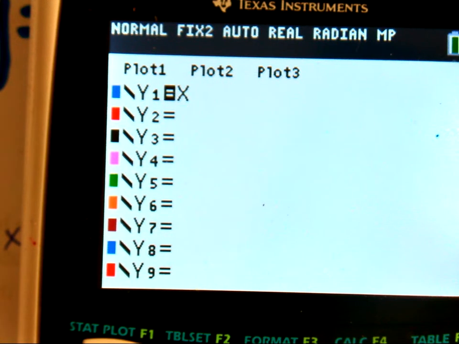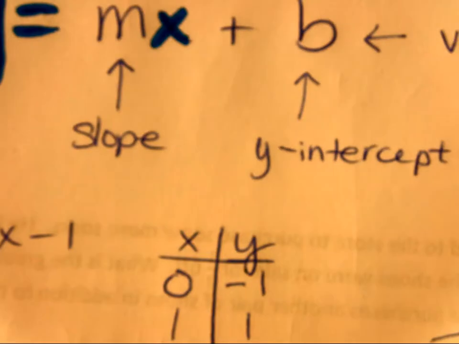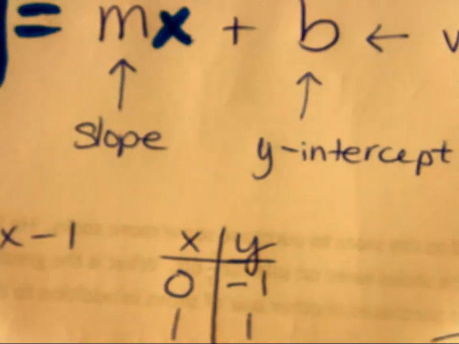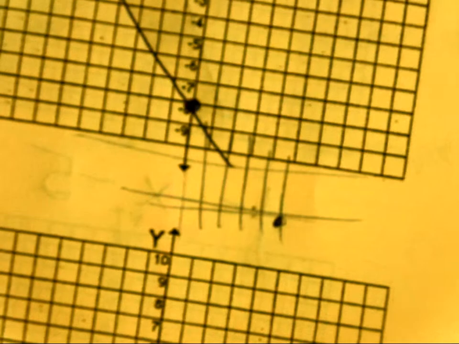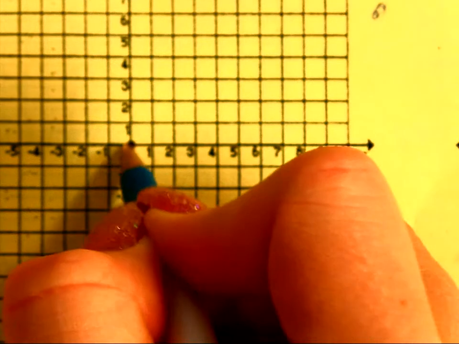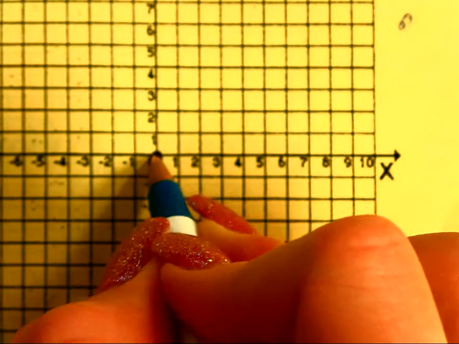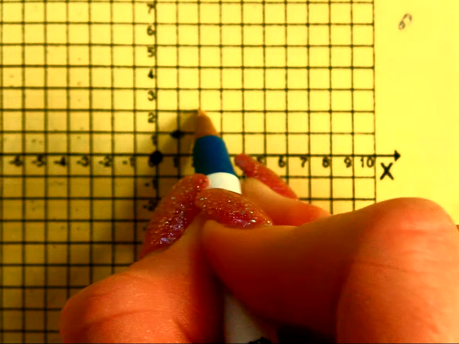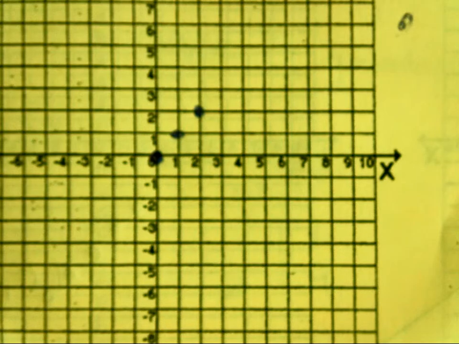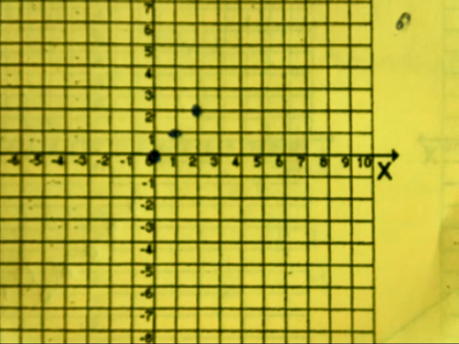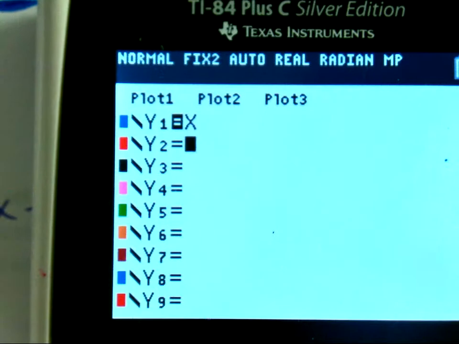Up 1 over 1. So from this right here, I'm at the origin, and my slope is up 1 over 1. That's what y equals x equals. Okay, so let's put in y equals 2x.